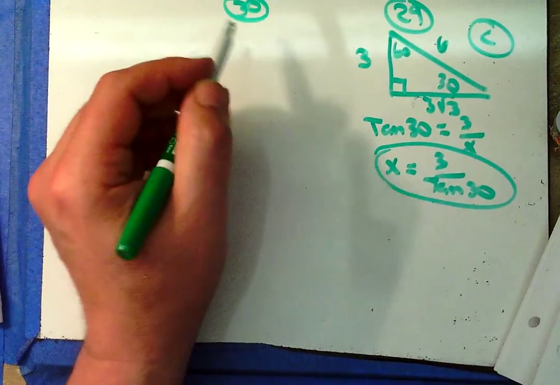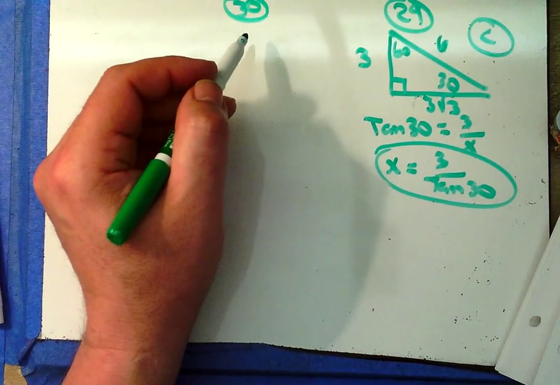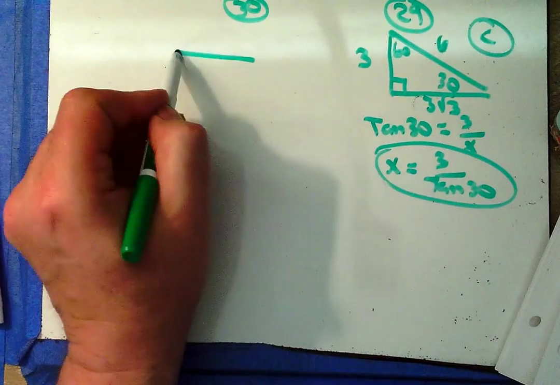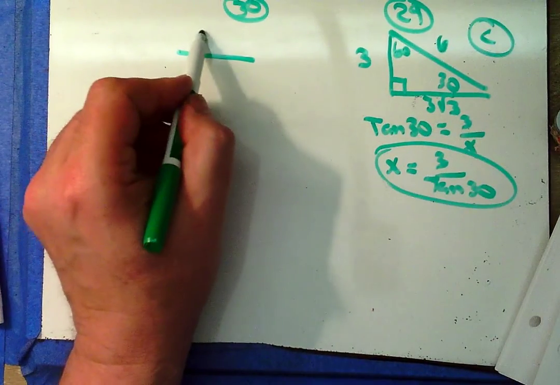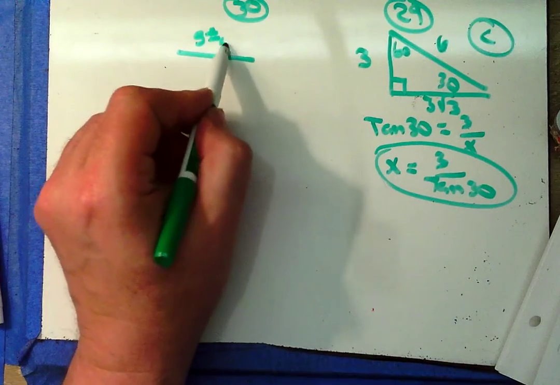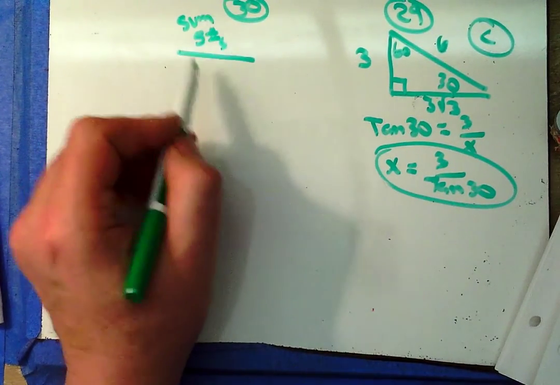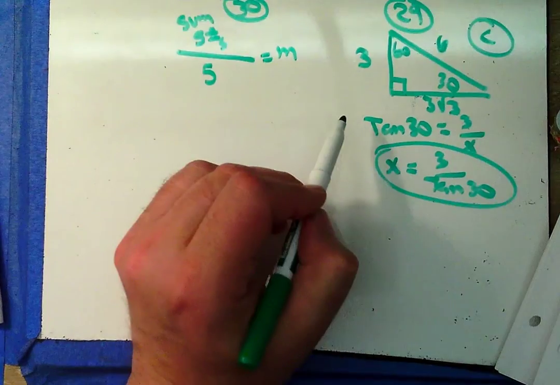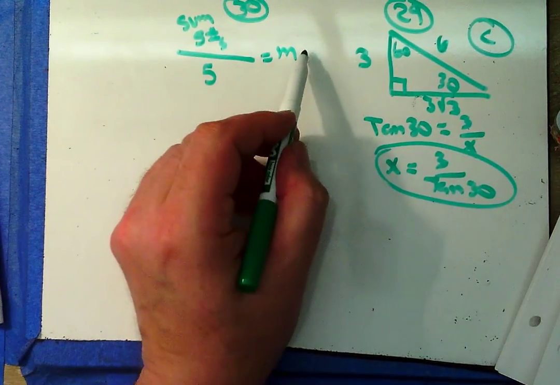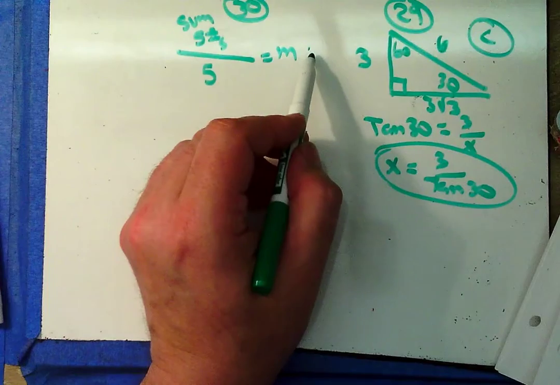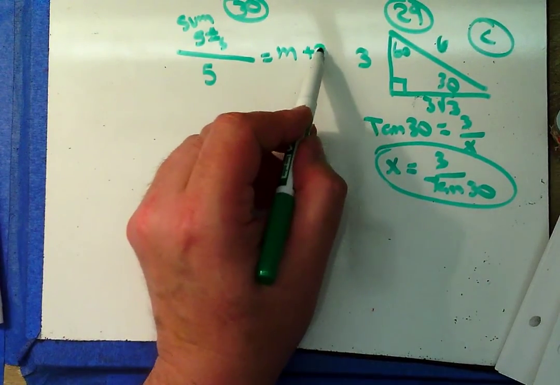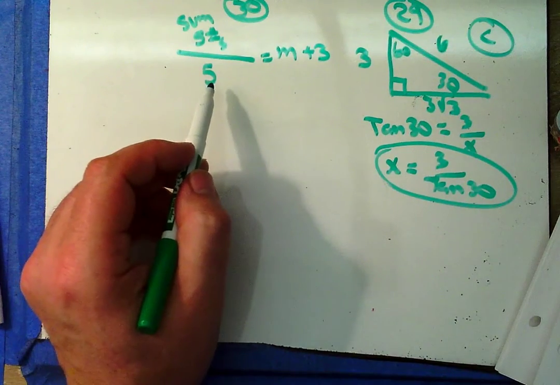30, problem 30. To increase the mean of 5 numbers by 3. So I'm adding up 5 numbers, and that means I have to divide by 5 to get the mean. If I want to add 3 to this mean, think about what has to happen.